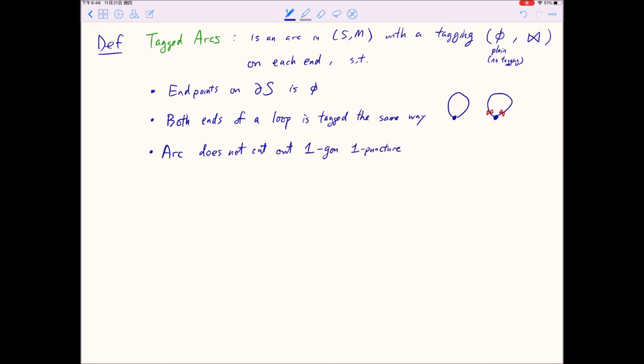So this is an extra condition on the arcs. We do not allow such a situation to happen. Oh, actually, we did allow this previously. Yeah, so this is an extra condition. We do not allow the arc to cut out a one-gon with a puncture inside.